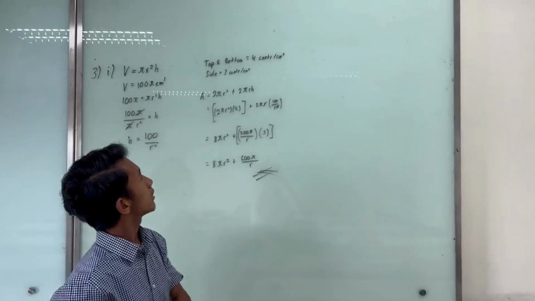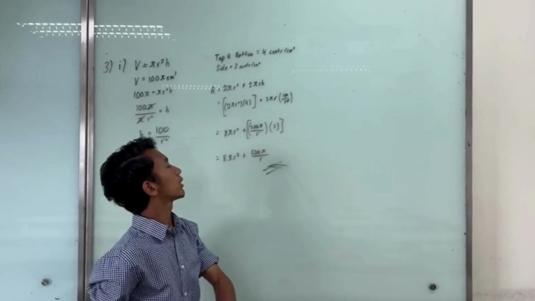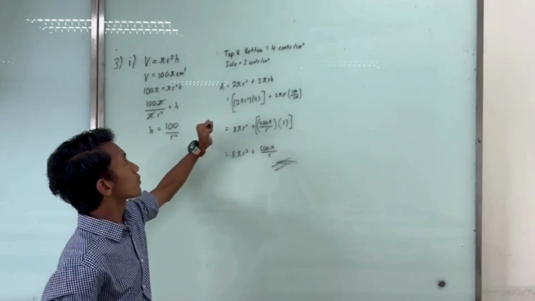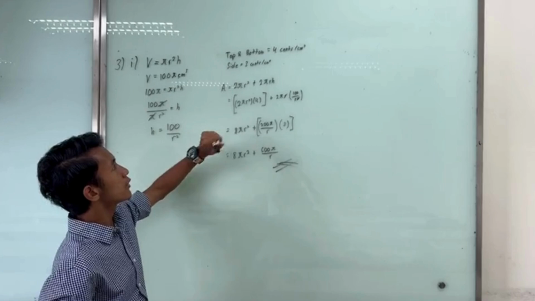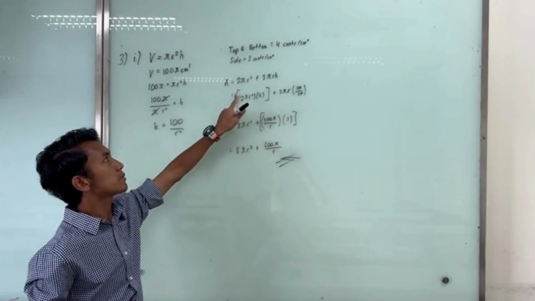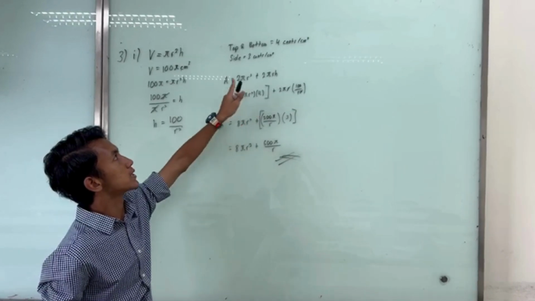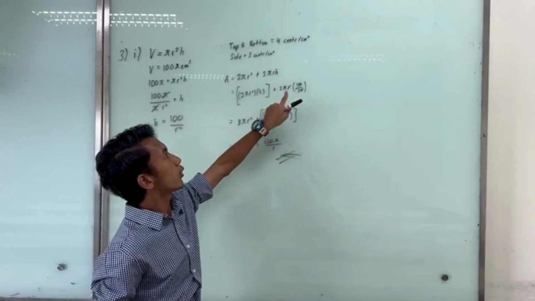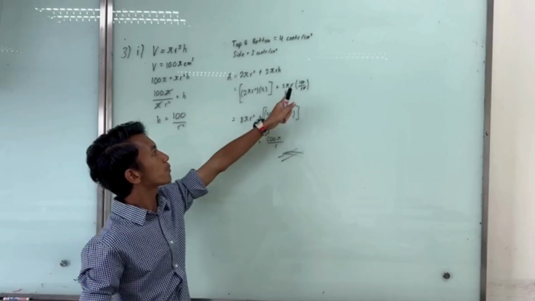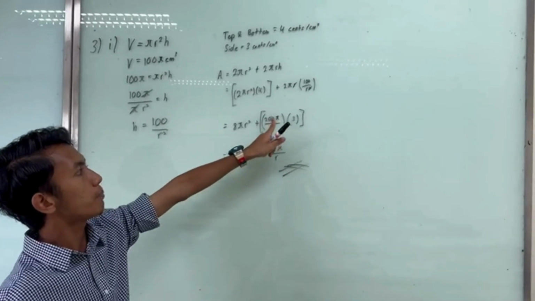Next, by the question given, the top and bottom cost 4 cents per centimeter squared, and the side costs 3 cents per centimeter squared. The area of the cylinder is 2 pi r squared plus 2 pi r h. We multiply the 2 pi r squared by 4 because it is for the top and bottom, and for 2 pi r h we substitute the h value, so we get 8 pi r squared plus 200 pi over r.